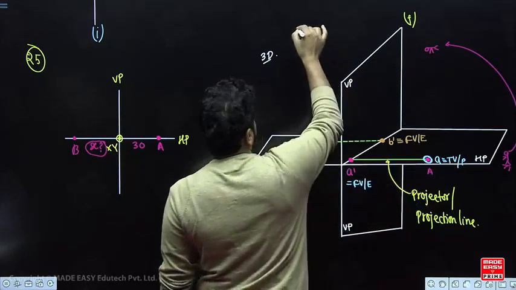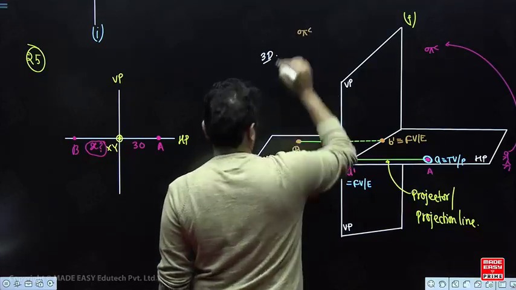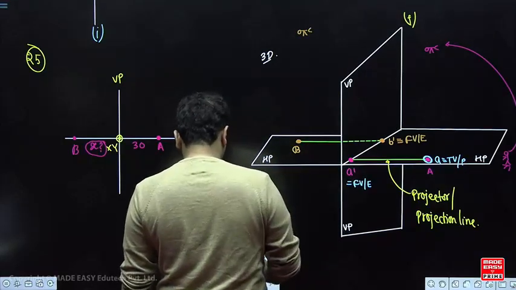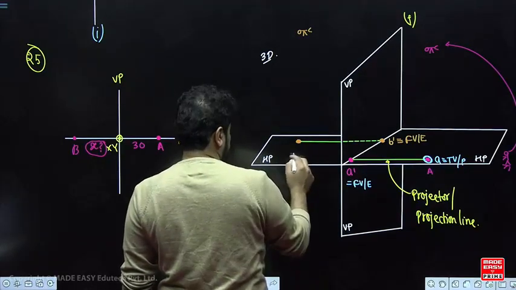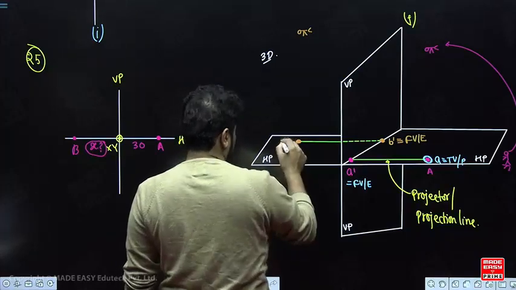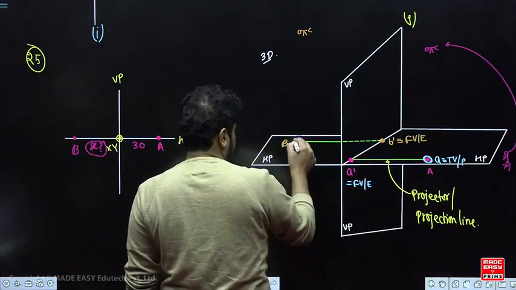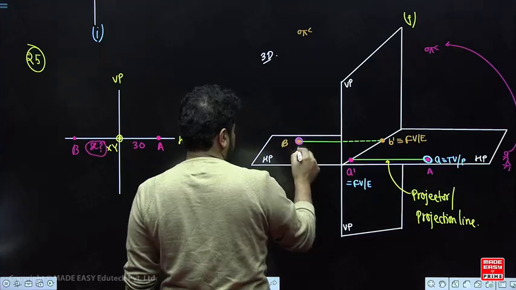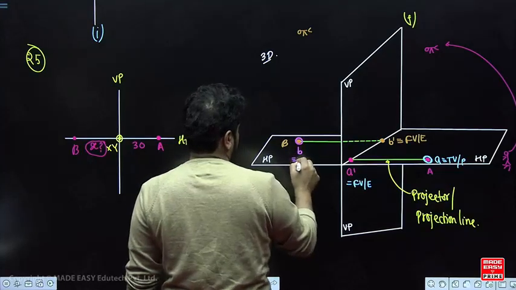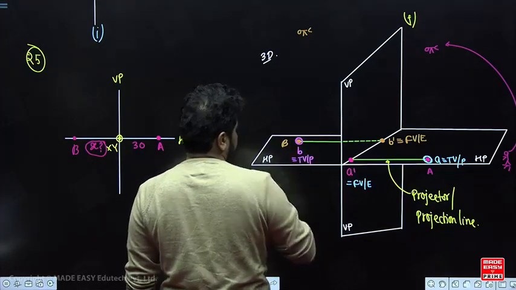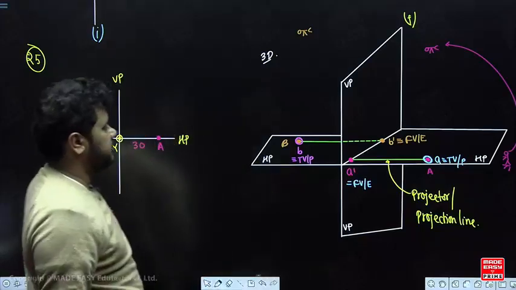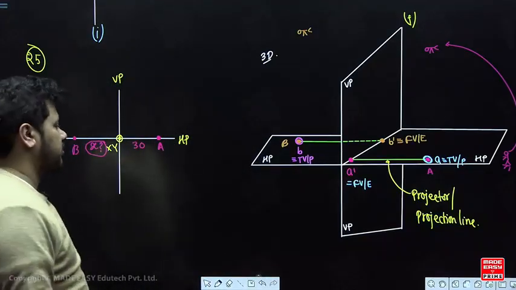And from the top, if I see, I will see small b over here only. This will be your top view or plan. This is the projection of point A and point B.